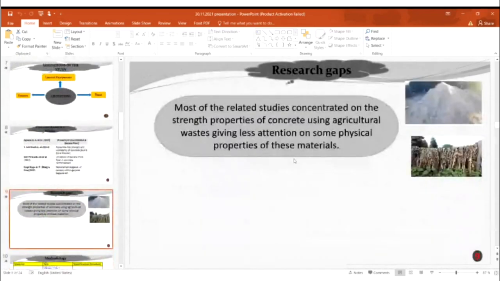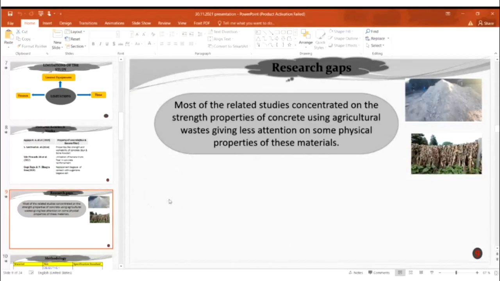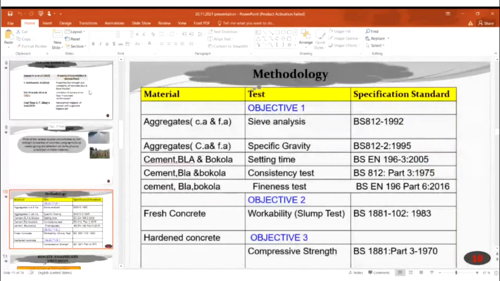You're saying most of the studies concentrate on strength properties of concrete using this, giving less attention to physical properties of these materials. So this is your gap: physical properties were less researched, things like the fineness test and the consistency test for these agricultural products that can be used in place of cement.